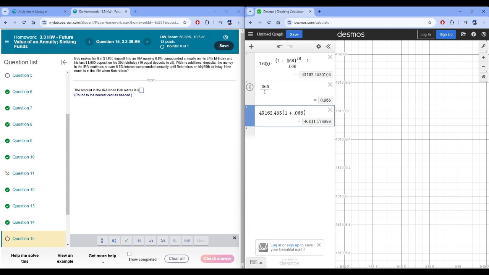He retires on his 65th. So would that be 15 years? You think that's raised to the 15? From your 40th to your 65th? No, 25 years.